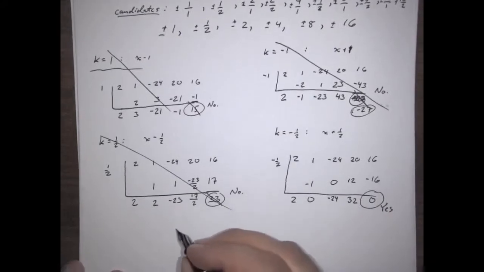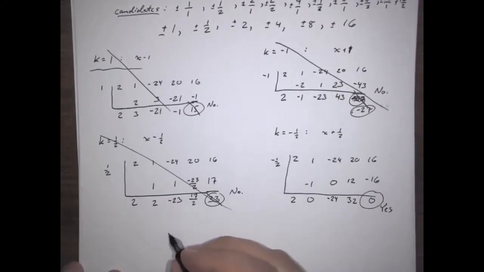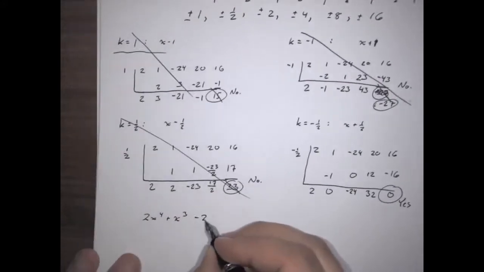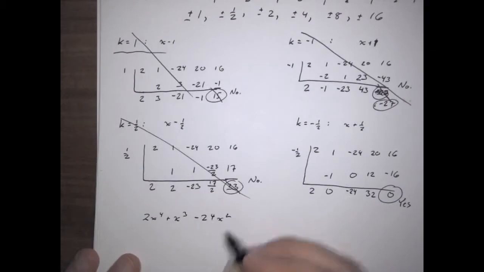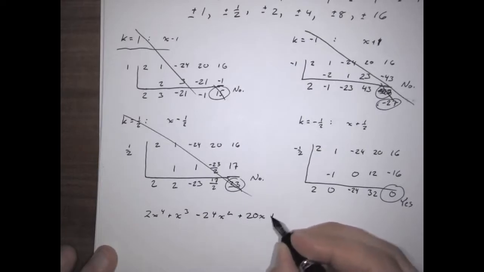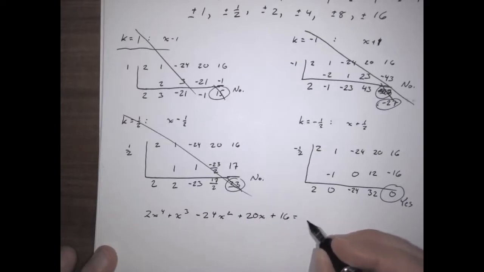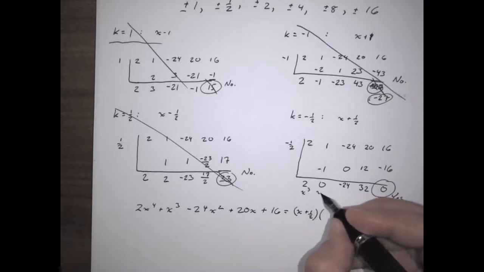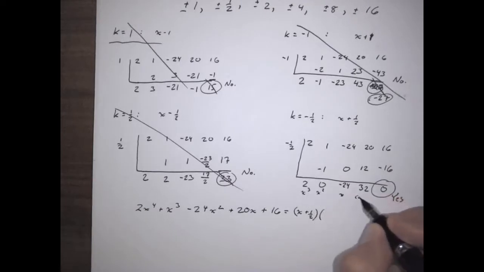So we got it. So x plus 1/2. So the 2x to the 4th plus x cubed minus 24x squared plus 20x plus 16 is the same as x plus 1/2 times, and then here this is x cubed, x squared, x, and constant.